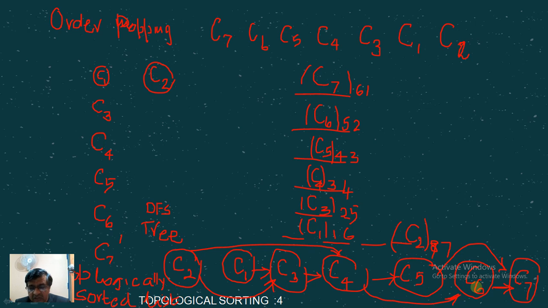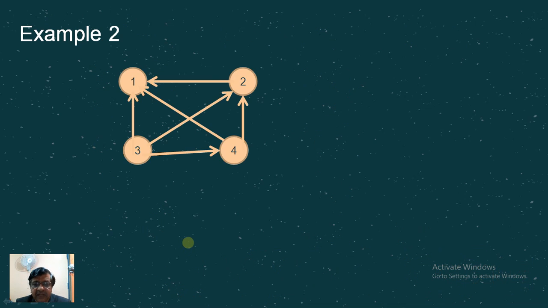It is also a logical way of arranging things in chronological order. Therefore the topologically sorted list will present events or activities in chronological order. Okay, we will take up the next problem.